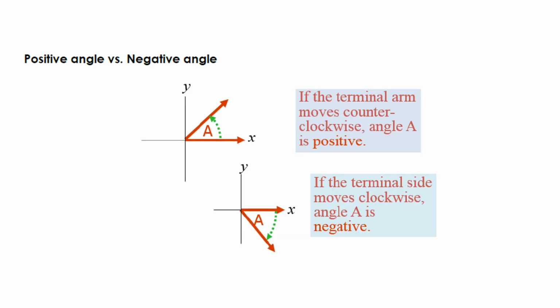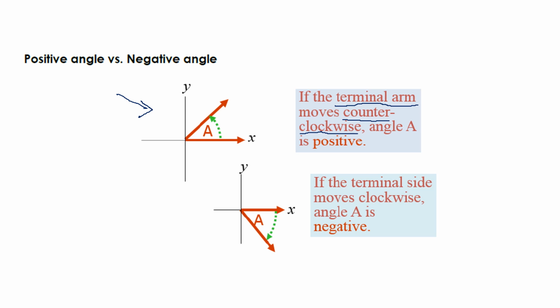So let's now differentiate between what a positive angle is and a negative angle. If an angle is positive, say for example, this first angle, this one is positive. Now, how do we know if the angle is a positive angle? Let's look at the definition. If the terminal arm, or the terminal side, moves counterclockwise, the angle is a positive angle.